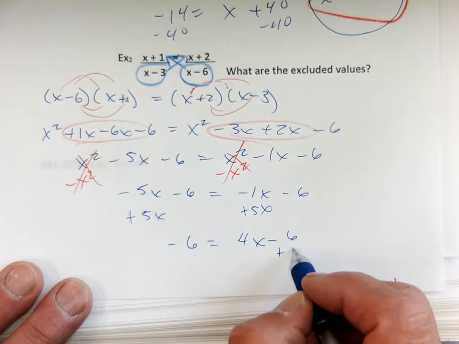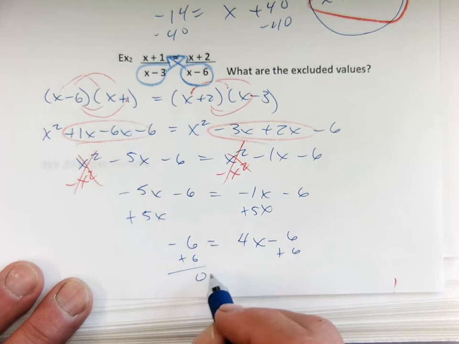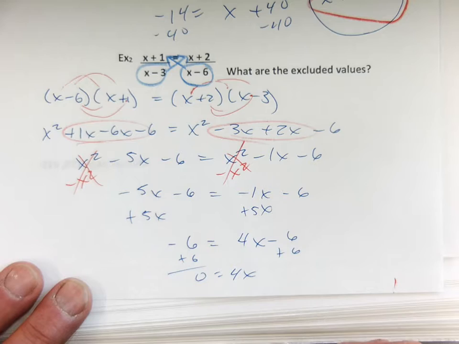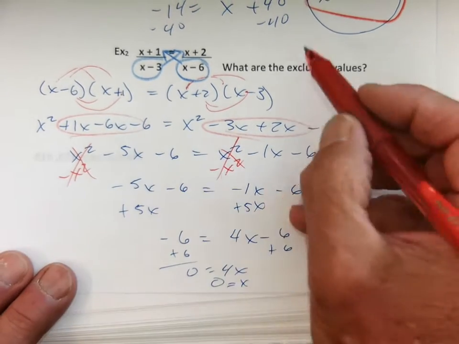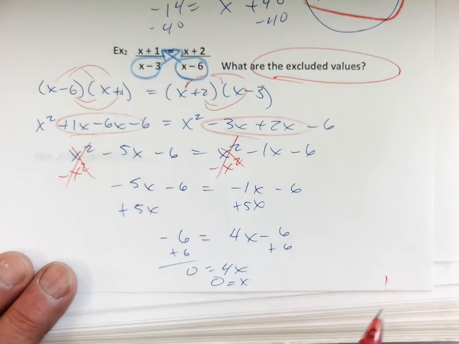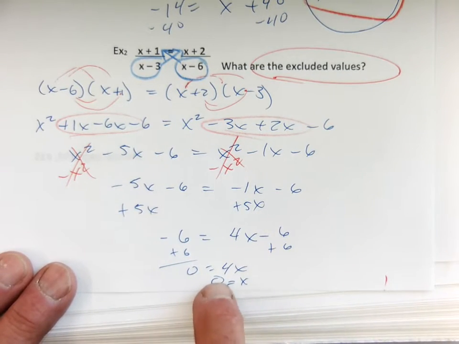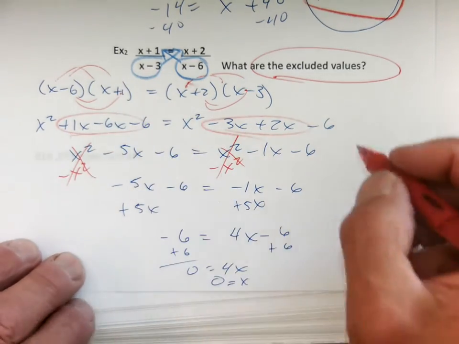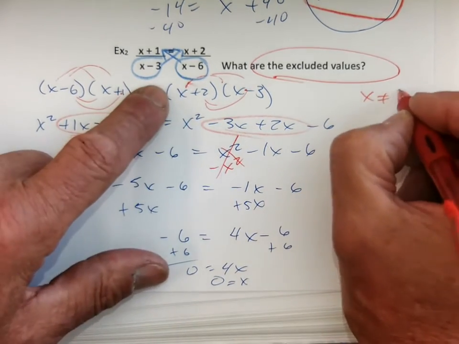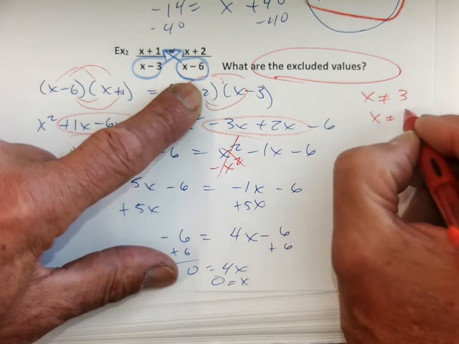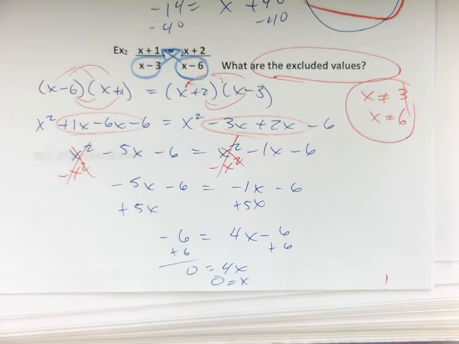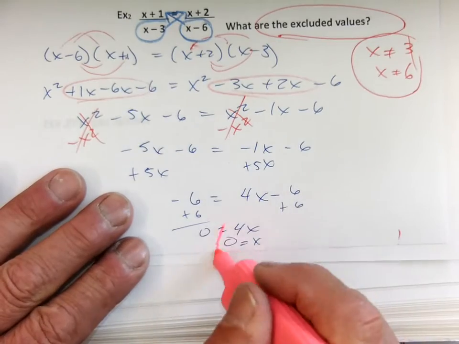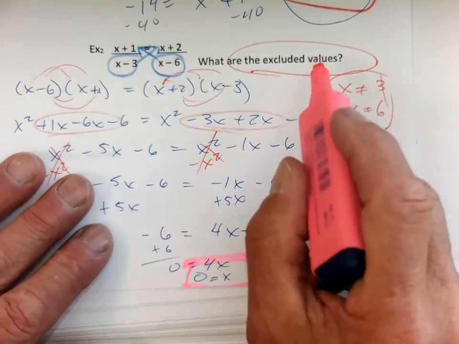Plus 6, 0 equals 4x. Divide by 4 and x is 0. But before I finish, I better think about excluded values, because if 0 is one of my excluded values, I'm going to have to throw it out. My excluded values up here are x cannot equal 3 and x cannot equal 6. So I can keep my answer of 0, because those are my excluded values.